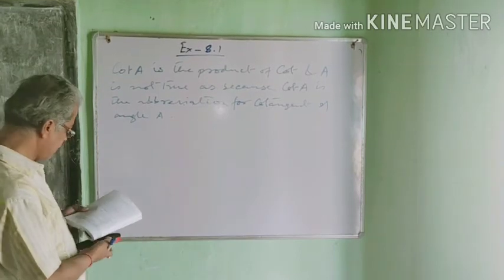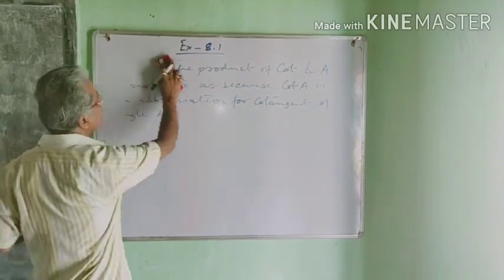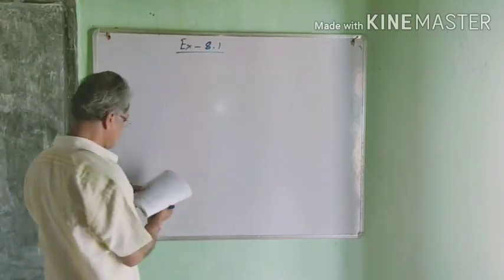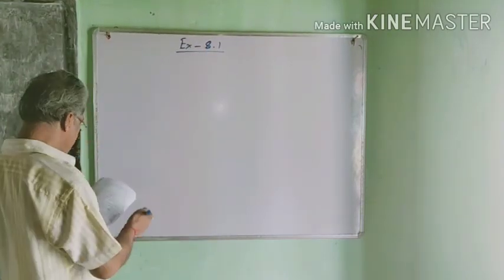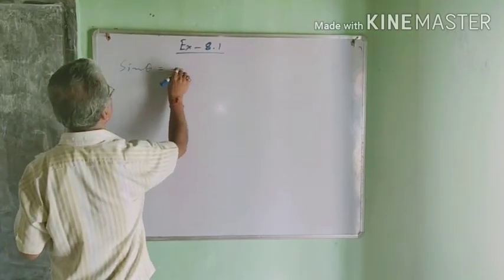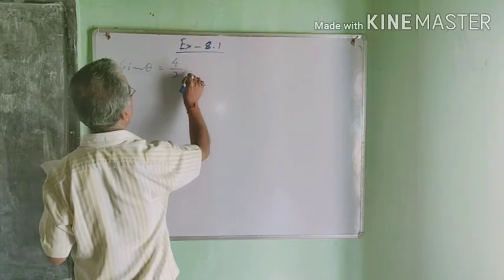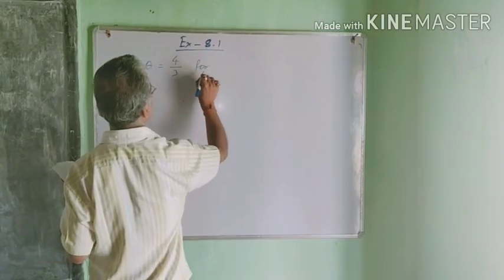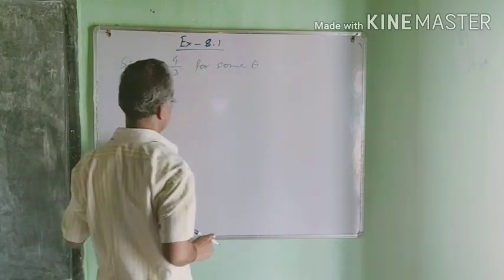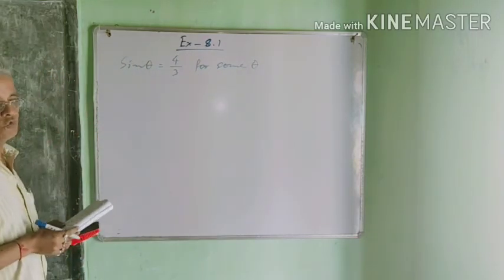And the last one says sin theta is equal to 4 by 3 for some angle theta, whether it is true or false.